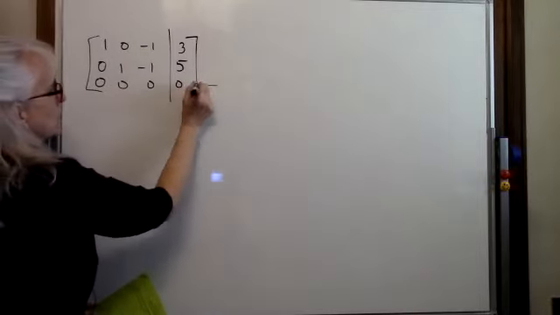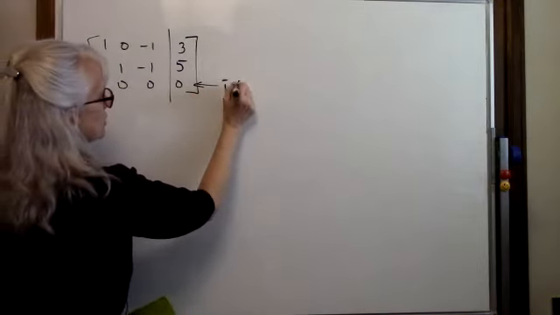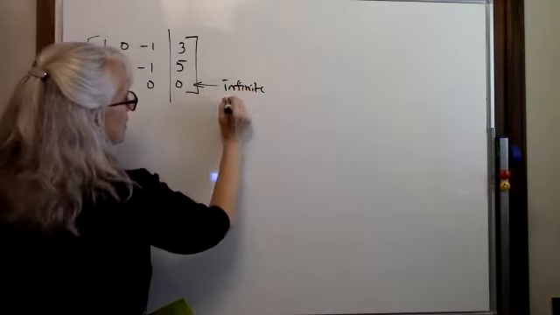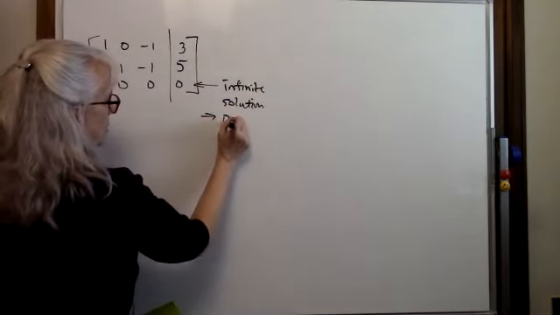So again, I see this row of zeros. That tells us it's an infinite solution, which tells me to use a parameter.